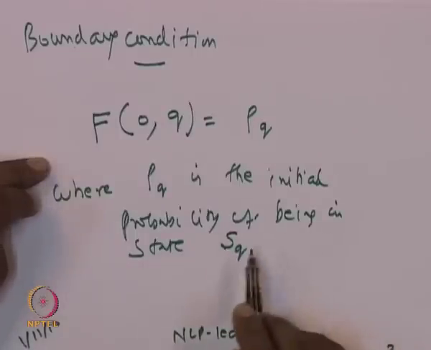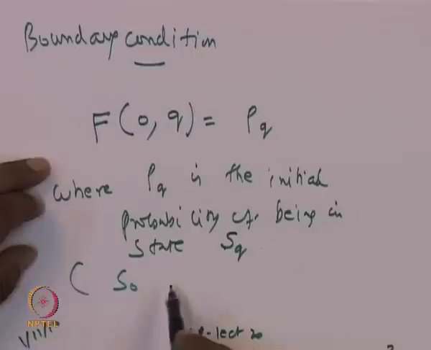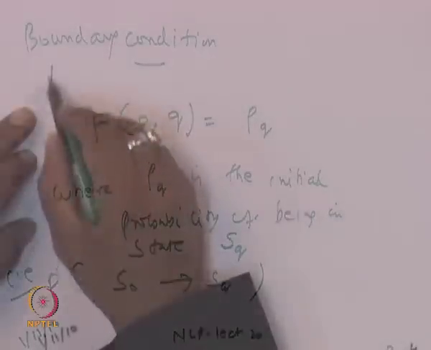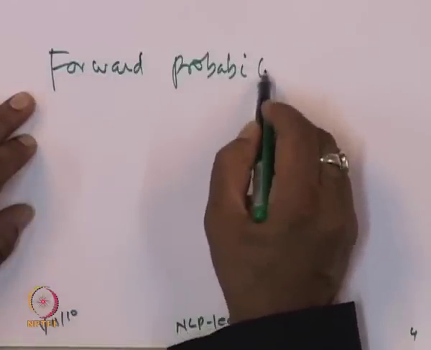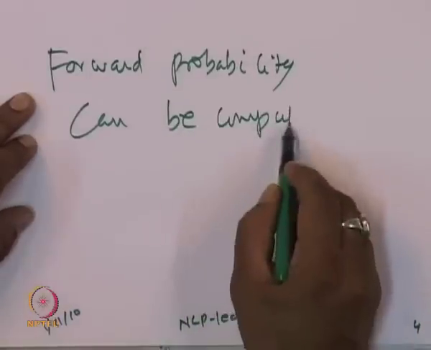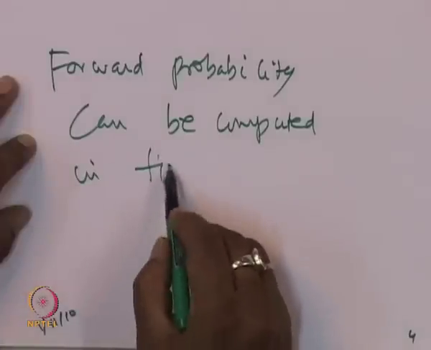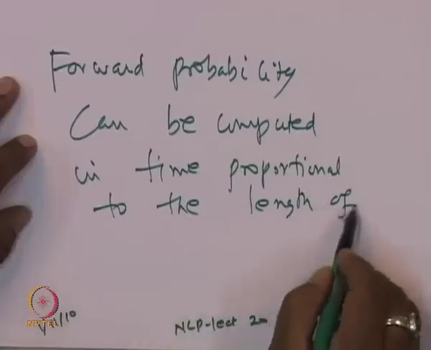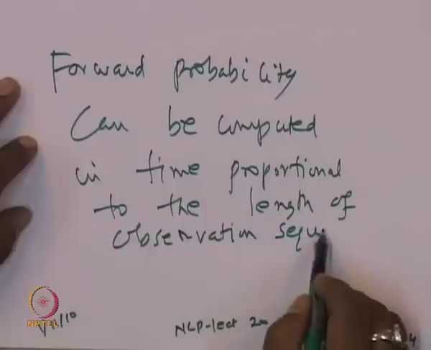The initial probability of being in state S q, that is S 0 to S q. So, this shows us that the forward probability can be computed very easily, and it is not difficult to show that forward probability can be computed in time proportional to the length of observation sequence.